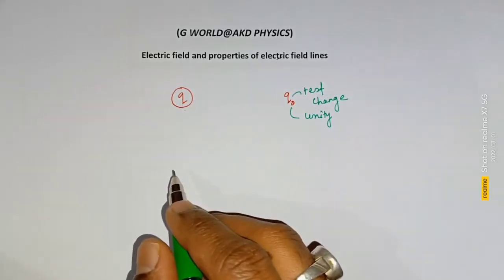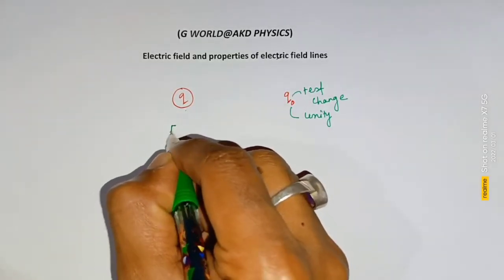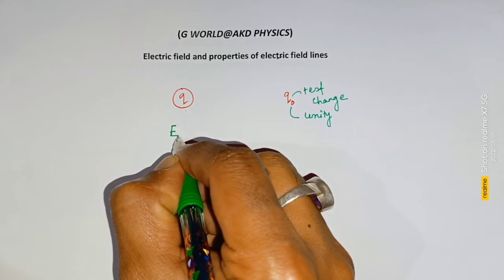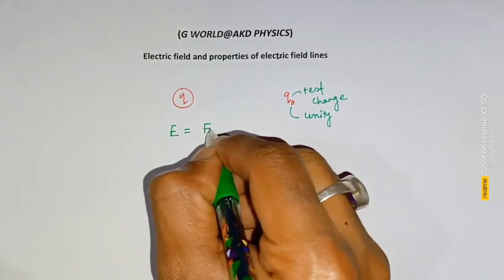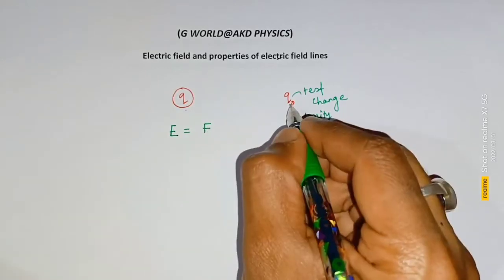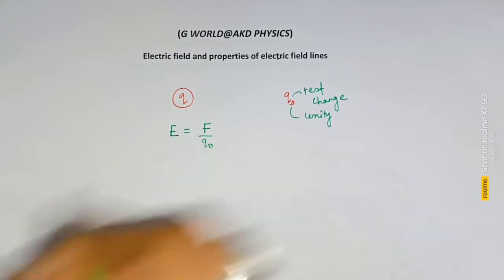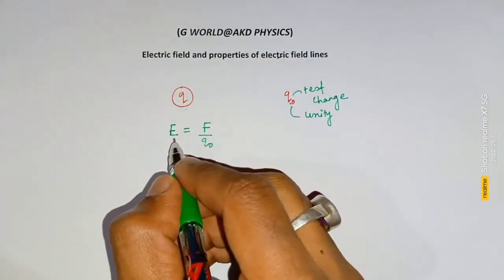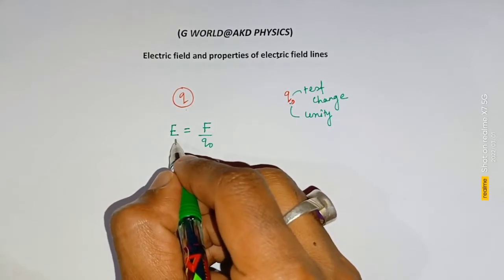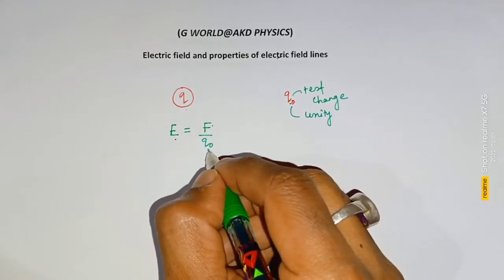And how does the mathematical definition say? The mathematical definition says electric field strength or electric field intensity E equals the force experienced by this unit positive test charge upon the test charge. One more time I want to repeat. Electric field intensity or electric field strength is defined as the force experienced per unit positive test charge.